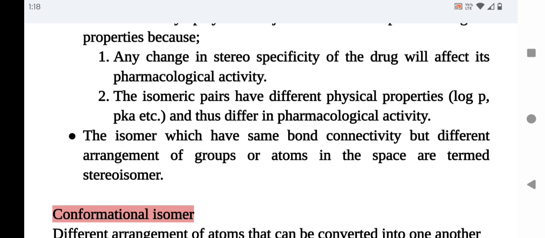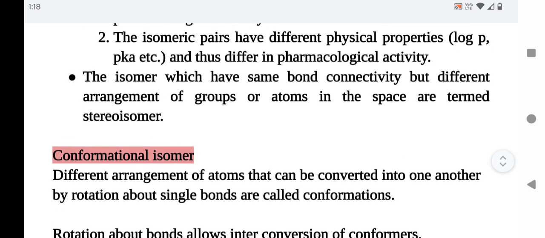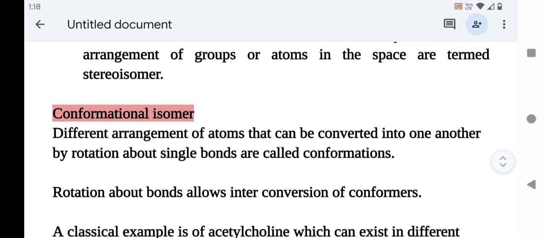The isomers which have the same bond connectivity but different arrangement of groups or atoms in space are termed stereoisomers. Then ये है conformational isomer: different arrangements of atoms that can be converted into one another by rotation about single bonds are called conformations.